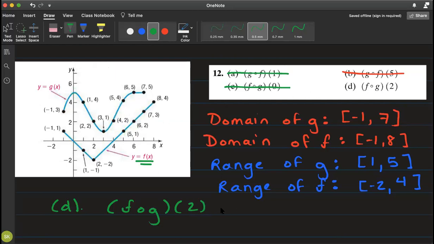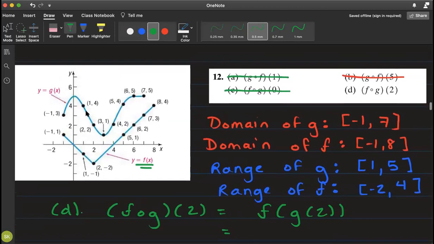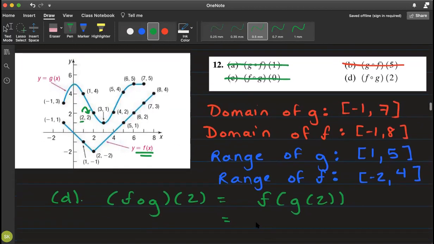Okay. g of 2, that's where we start. So g of 2, let's find 2. Here's the x value, that's 2. 2 is sent to 2. So then we're plugging in that y value 2. And then we look for f, which is this check function.